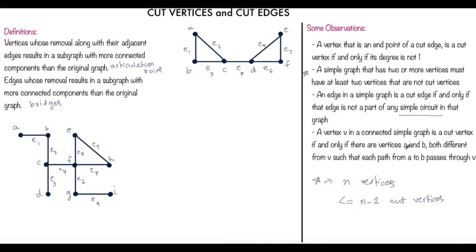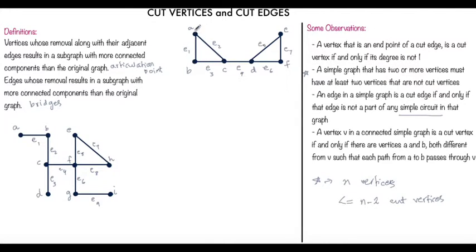If you want to see whether a vertex is a cut vertex, you can take any two different vertices and see if each path between them passes through the vertex you are considering. Now let's go to the example and see whether we can use these as definitions. Let's start with this graph.